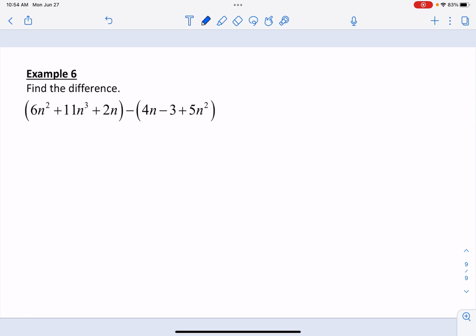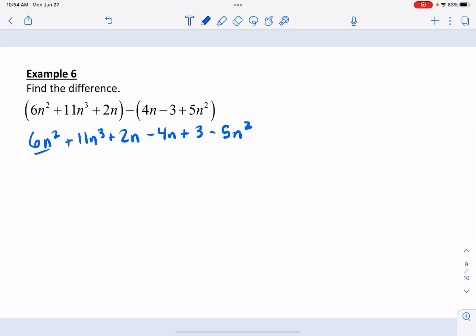Again, another difference problem. The big thing that I like to remember here is I distribute that negative inside. So basically it turns into an addition problem. Now I just combine my like terms. 6n squared minus 5n squared. Ooh, I didn't notice this.